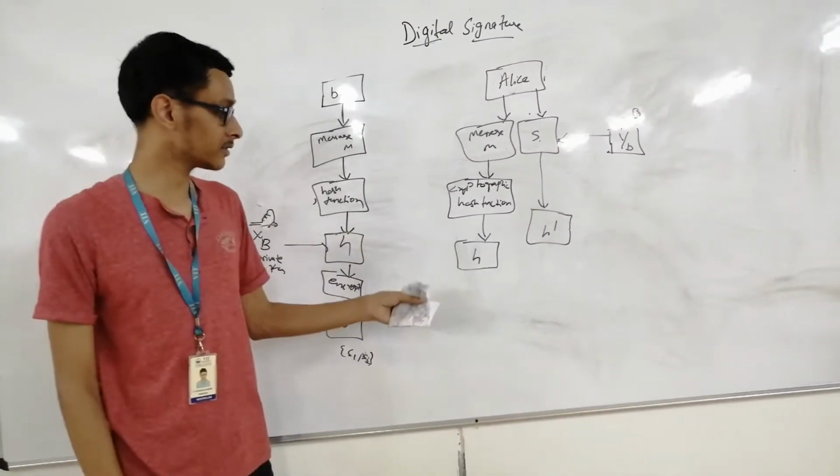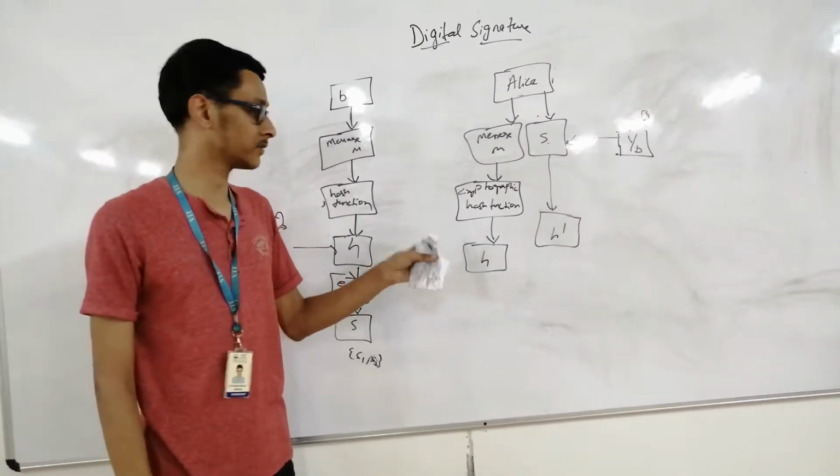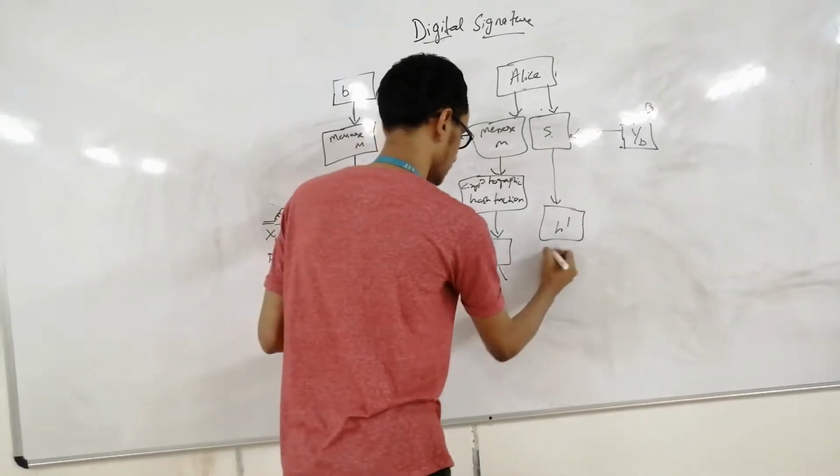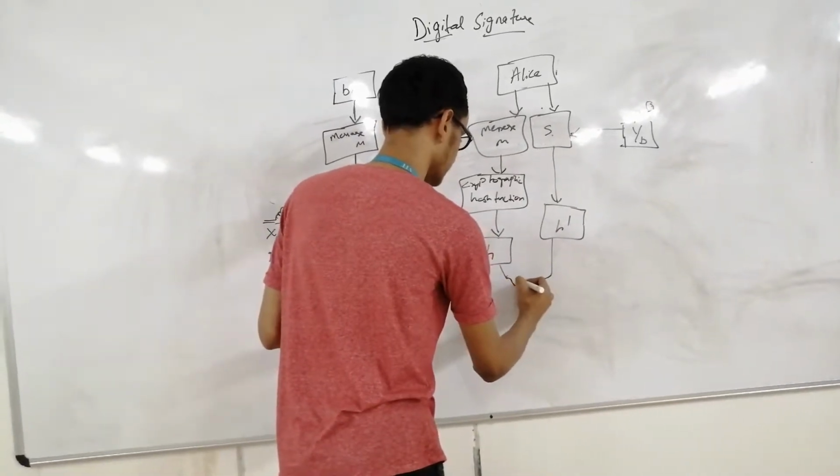So H and H dash are similar to V1 and V2, and now they both will be compared.